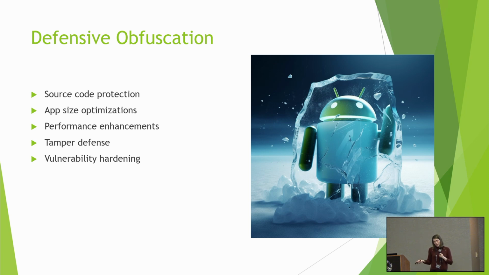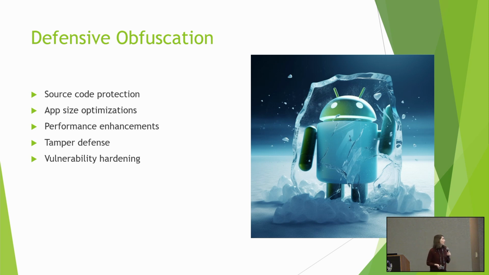Next would be application size and optimizations for performance. I told you that an app has the original developer variable names inside of it. So one thing you can do, which is actually really common, is go through and remove all of those pretty developer variable names. That is overall reducing the size of the APK as well.